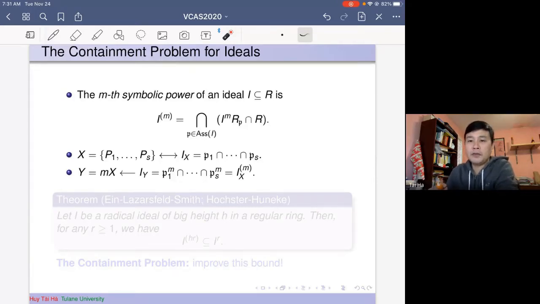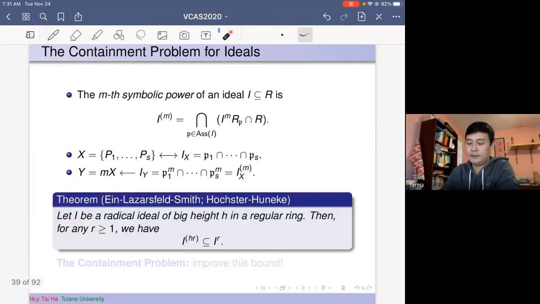The containment problems for ideals originated from this very celebrated result proved in the early 2000s by Ein, Lazarsfeld and Smith in characteristic 0, and by Hochster and Huneke in positive characteristic.